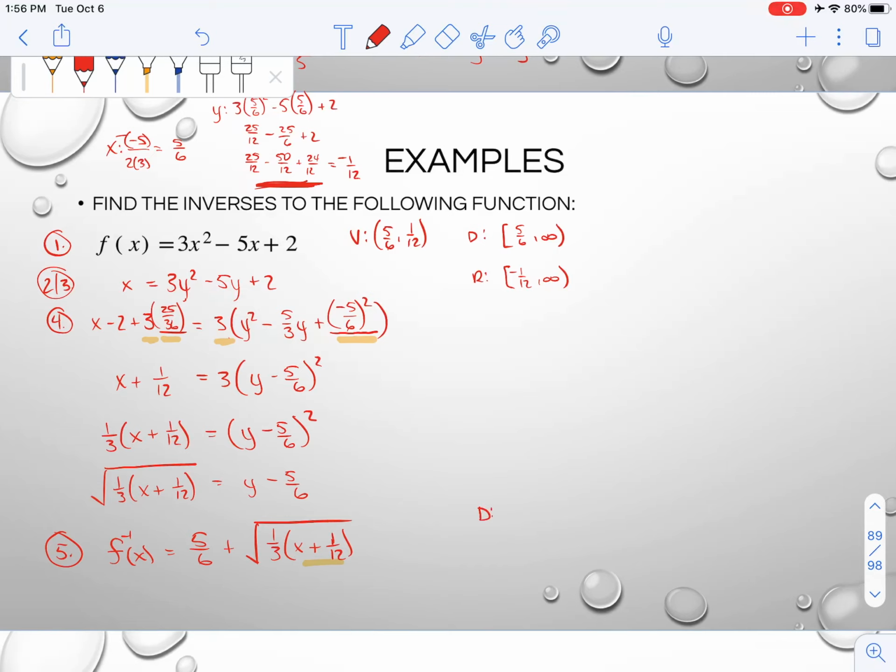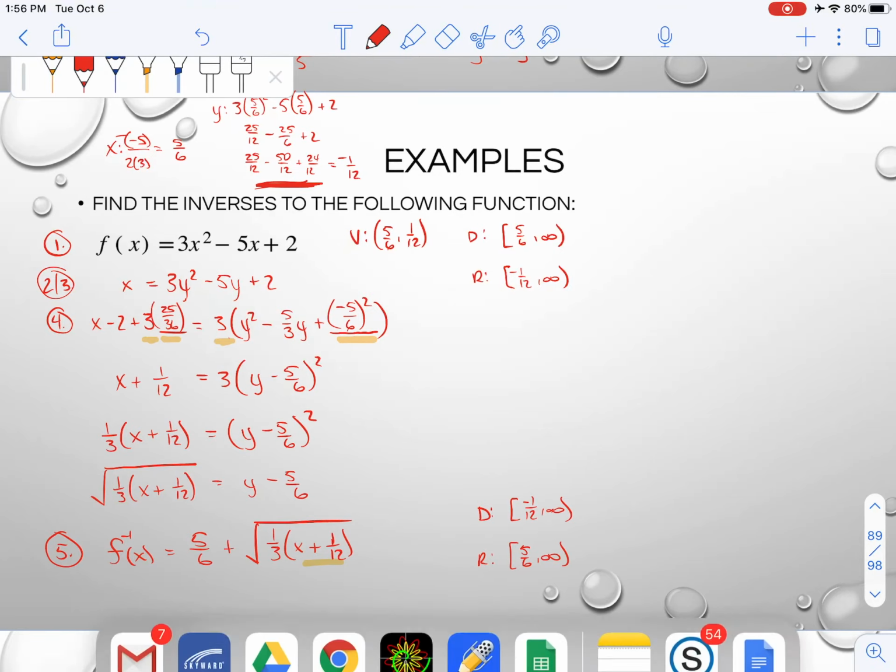So here, my domain is going to be negative 1/12 through infinity, and my range is going to be 5/6 through infinity.